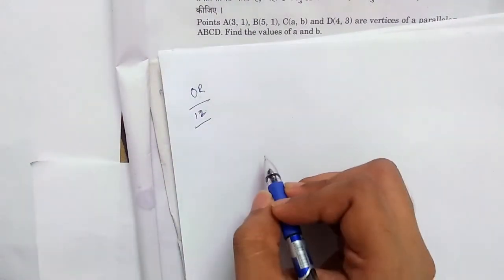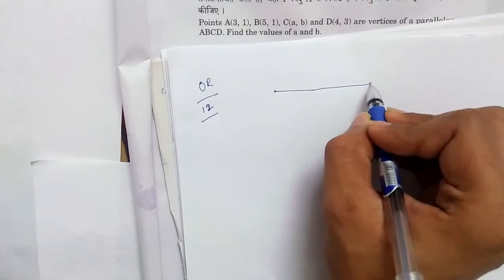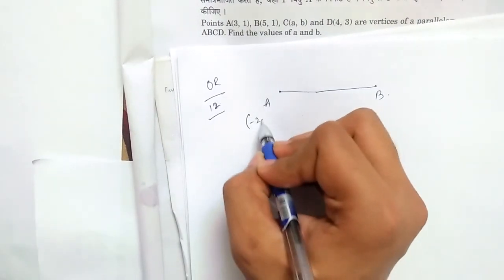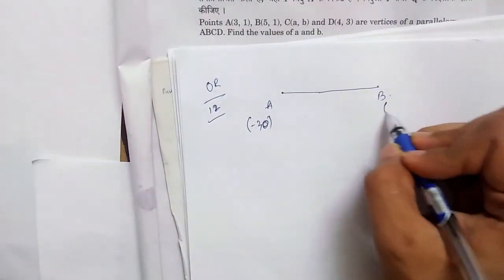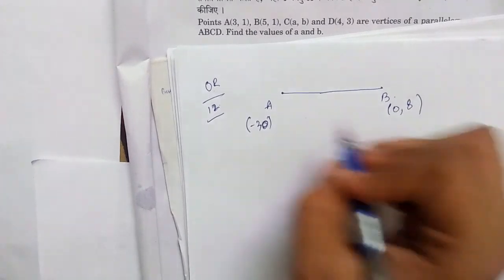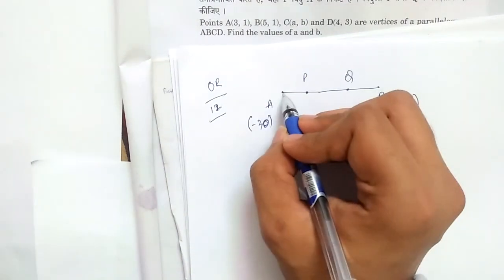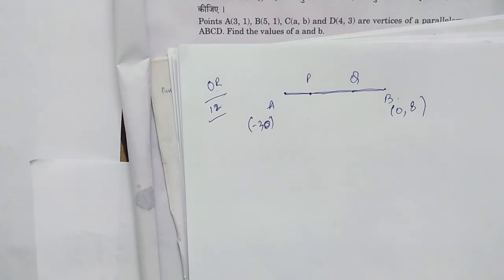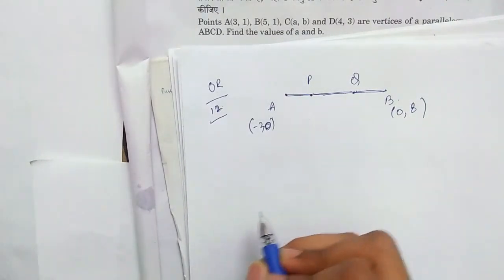So you are given the line segment AB. The coordinate of A is (-2, 0), and B is (0, 8). There are 2 points P and Q which trisect this line. That means AP is equal to PQ is equal to QB. So we need to find the coordinates of P and Q.